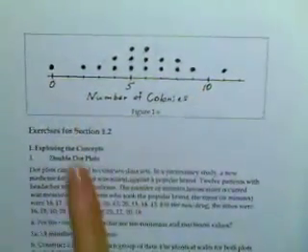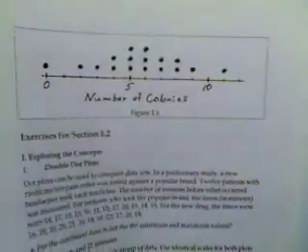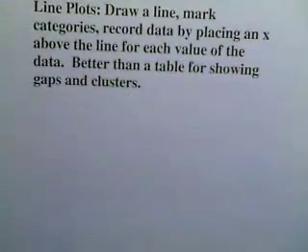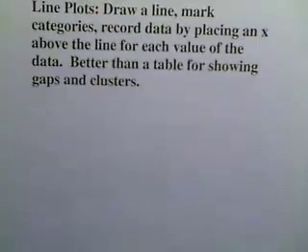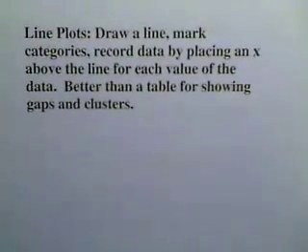And so that is the wonderful property of a line plot or a dot plot. The examples I showed you use dots. Your textbook uses X's. It does not matter which you choose to use.